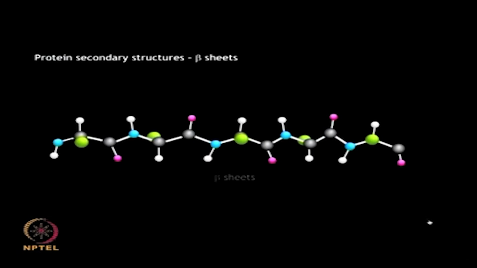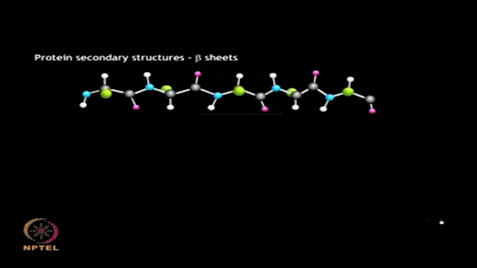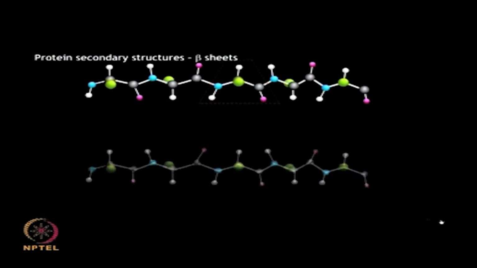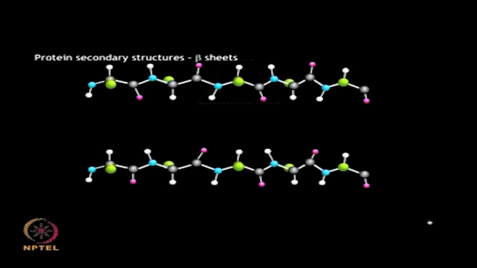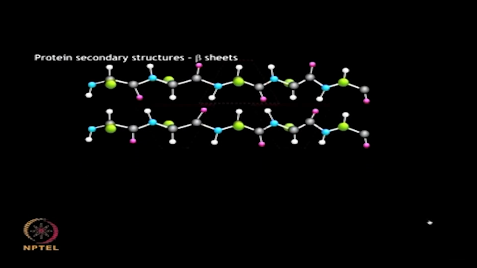Beta pleated sheets, discovered by Pauling and Corey, are another common secondary structure with periodic repeating units. It is composed of two or more polypeptide chains with their side chains oriented above and below the plane.